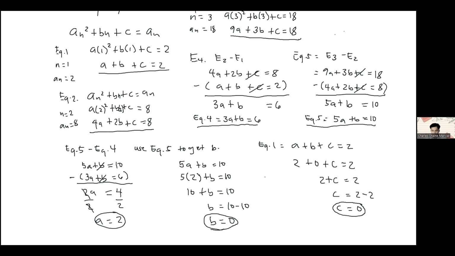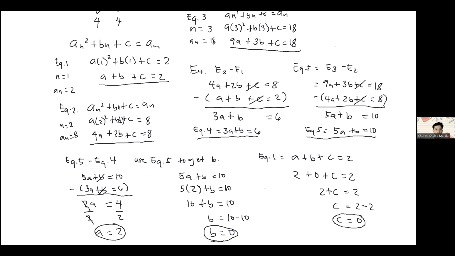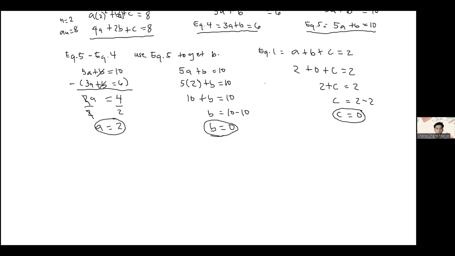Now, ang gagawin naman natin, since meron na tayong value ng A, B, and C, gagamitin natin ulit itong formula na A times N squared plus BN plus C is equal to A sub N. So, substitute natin.